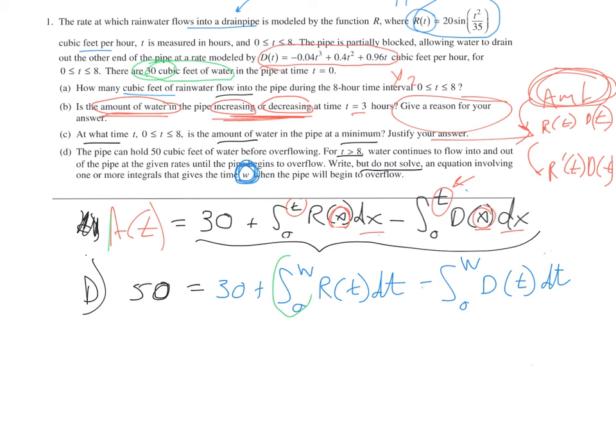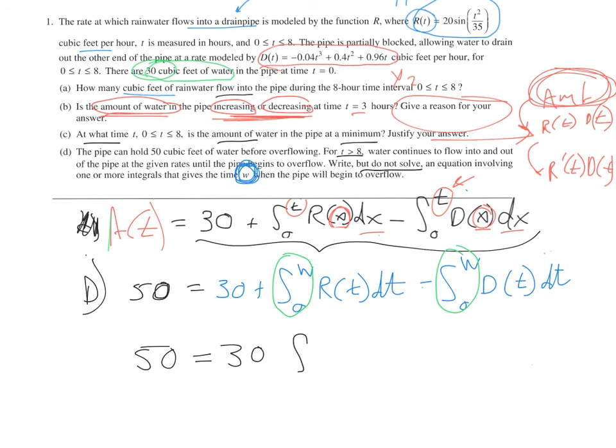if you notice the limits on this integral and the limits on that integral are the same, and since those limits are exactly the same, again, you can only do this if those limits are the same. I think you guys did an example with bananas in a supermarket, and those limits were different. If the limits are ever the same, though, you could write it to where they're under the same integrand.